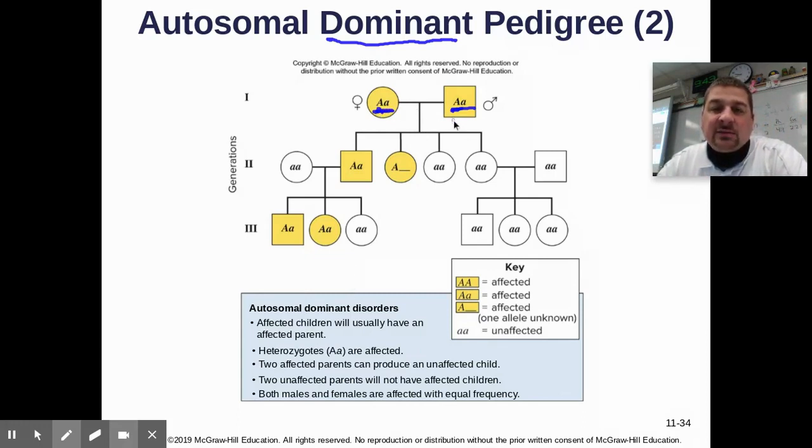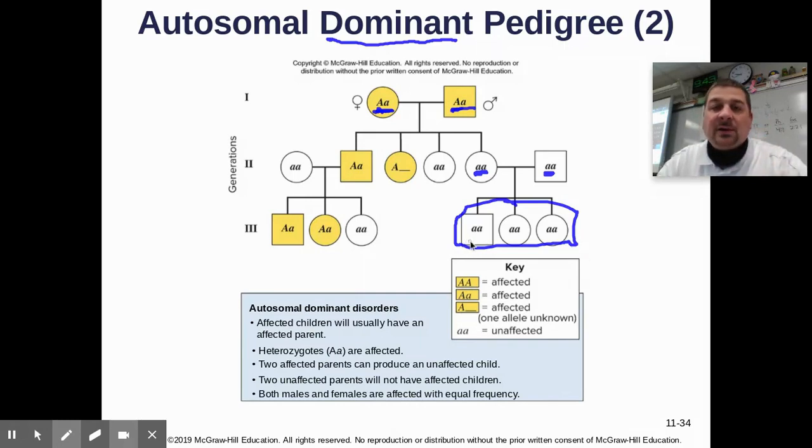If you're a heterozygote, you are carrying that dominant gene, so you will have the trait. Two unaffected parents, kind of the opposite of autosomal recessive, will not have an affected child because they can only pass on the recessive allele, and both males and females are affected with equal frequency.